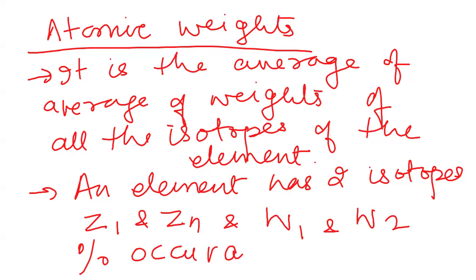Means in what percentage are they found? Then the percentage of their occurrence is X1 and X2 respectively. It means we have taken two isotopes.